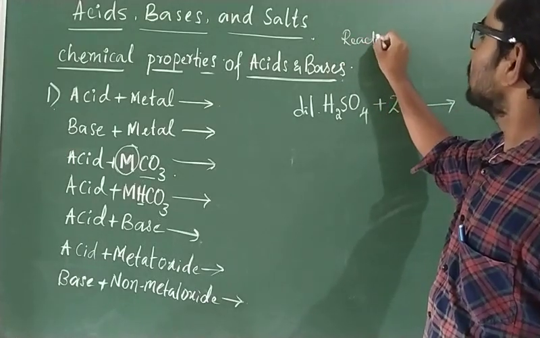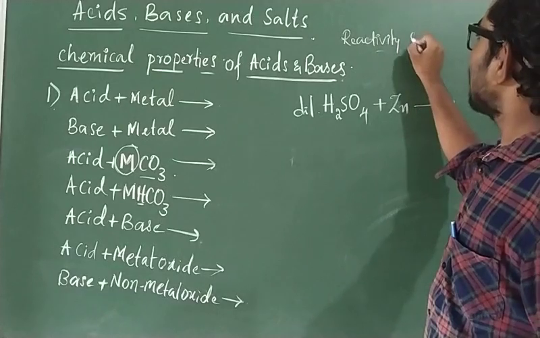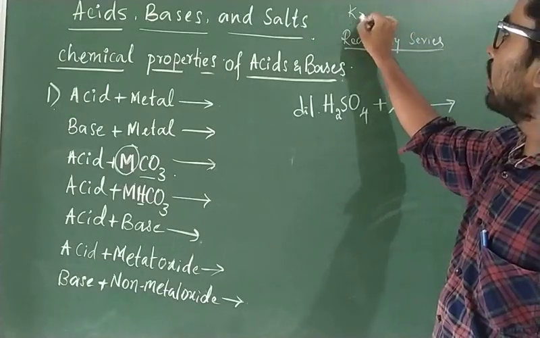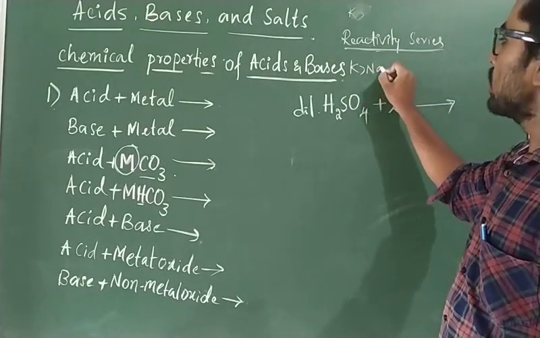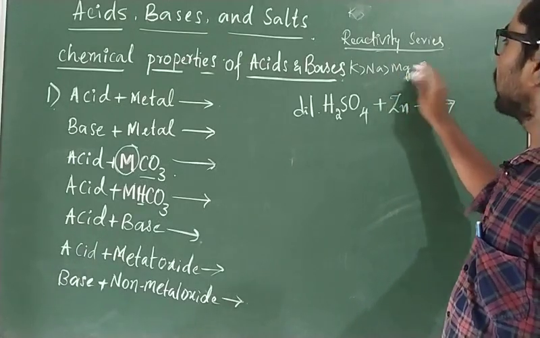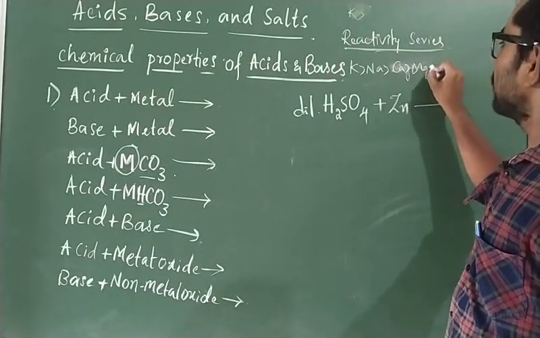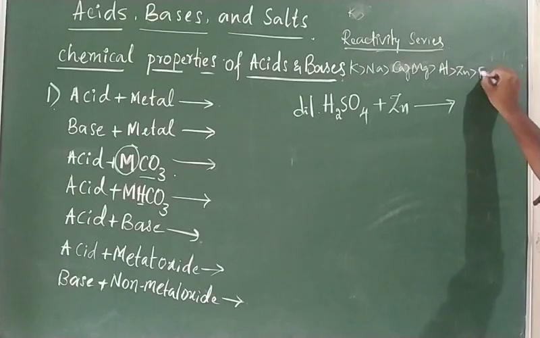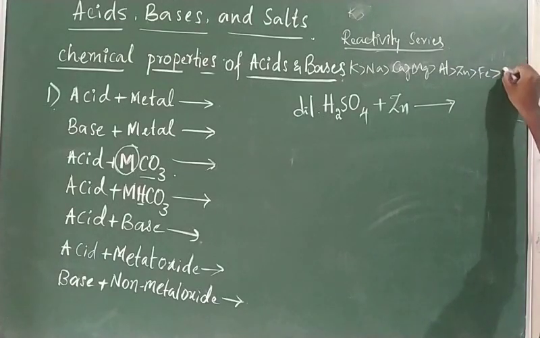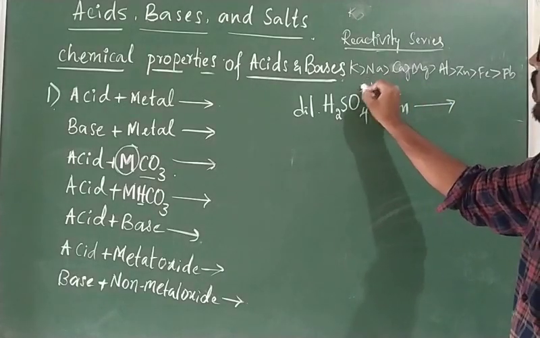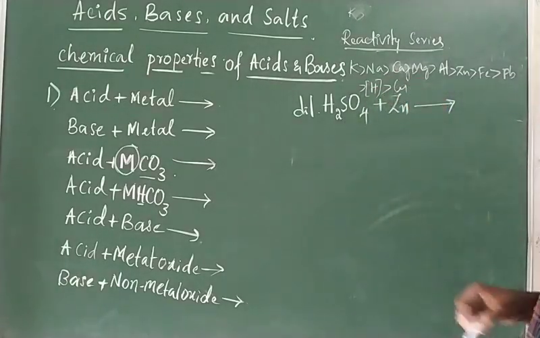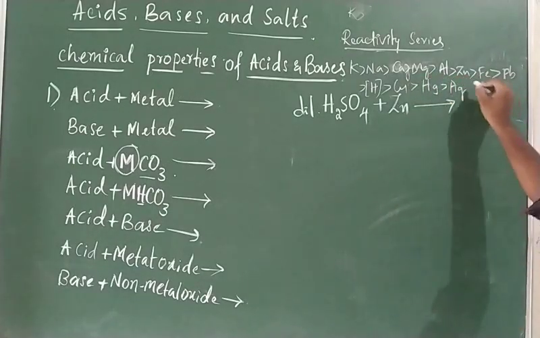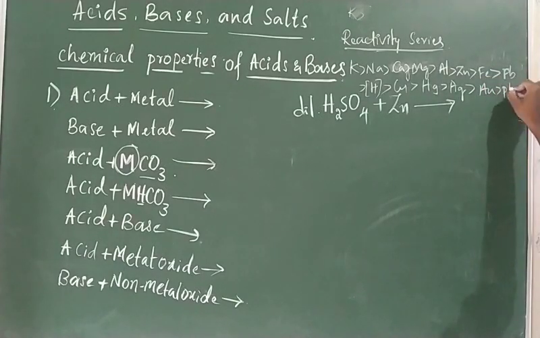In the reactivity series, potassium is more reactive than sodium, sodium is more reactive than calcium, calcium is more reactive than magnesium, magnesium is more reactive than aluminum, aluminum is more reactive than zinc, zinc is more reactive than iron, iron is more reactive than lead, lead is more reactive than hydrogen, hydrogen is more reactive than copper, copper is more reactive than mercury, mercury is more reactive than silver, silver is more reactive than gold, and gold is more reactive than platinum.